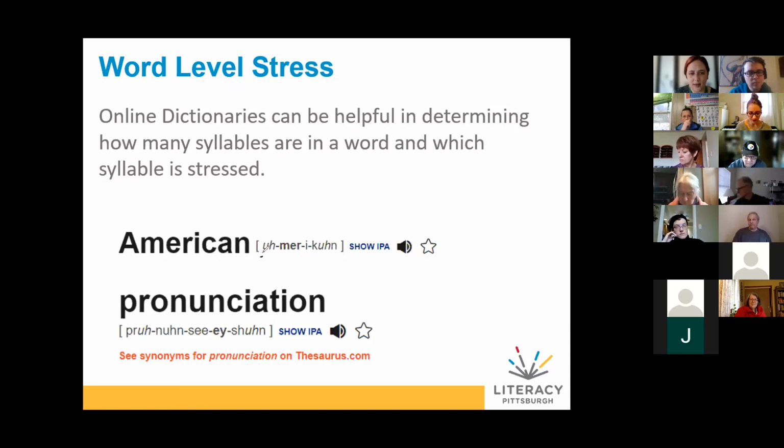It uses a dash between each syllable, and mare is the stressed syllable. It has it in bold. Okay. And then you can listen to how it sounds. Same with pronunciation.